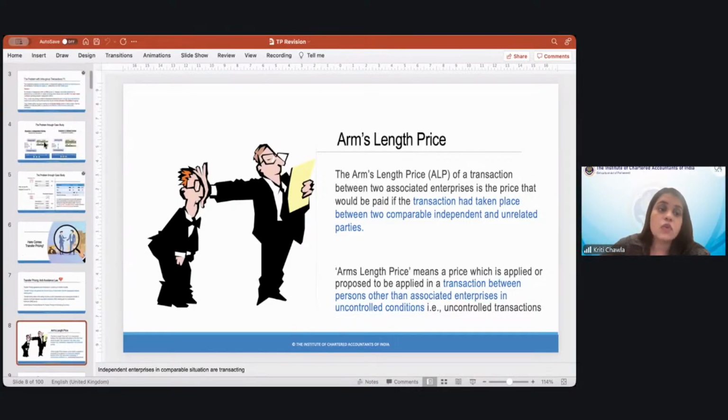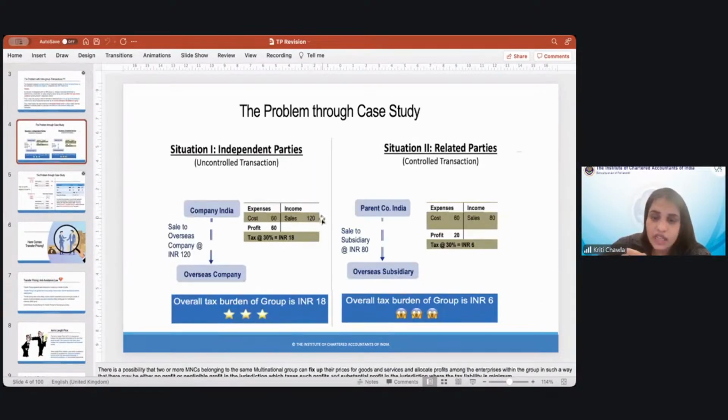As in, if you want that 120, which is the price at which independent parties are transacting, to be the arm's length price, then you'll have to make sure that situation 1 and situation 2 are actually comparable situations. When I say comparable situation, there are factors that you have to keep in mind, such as the type of product being the same and the economic conditions being the same.